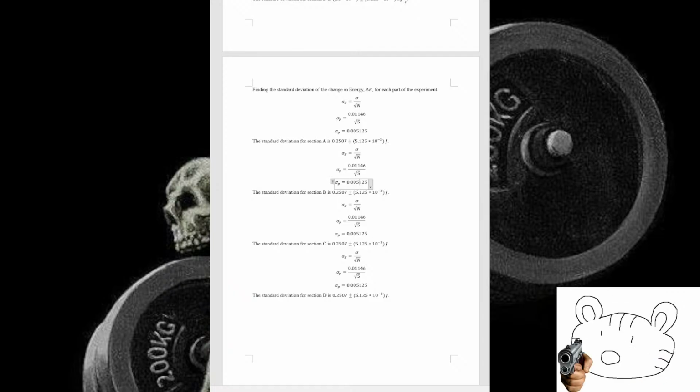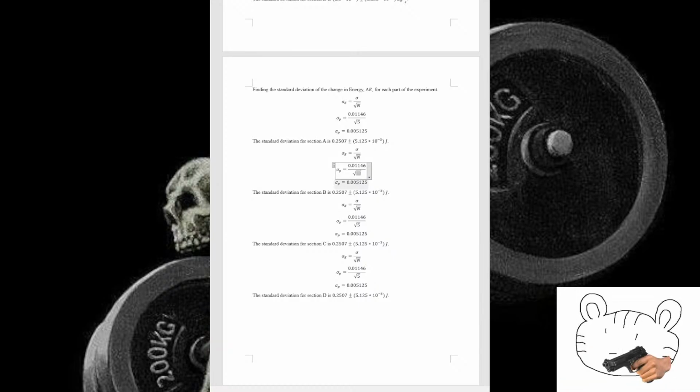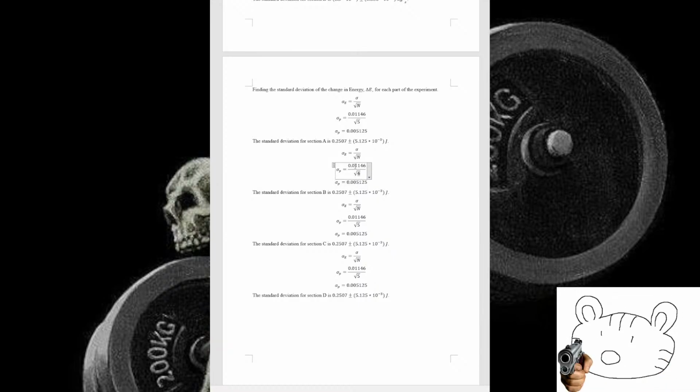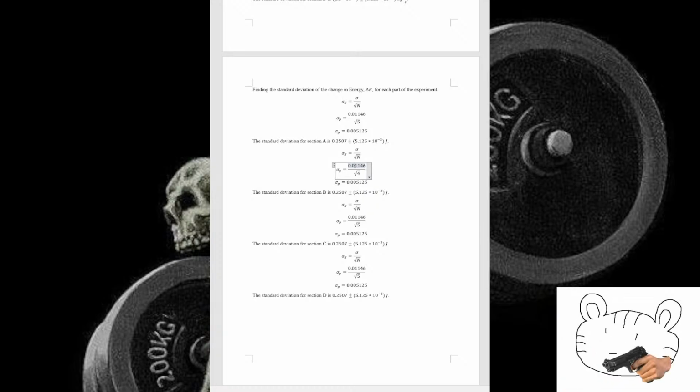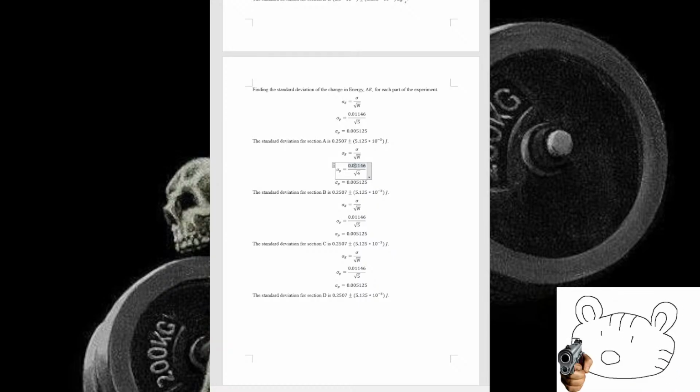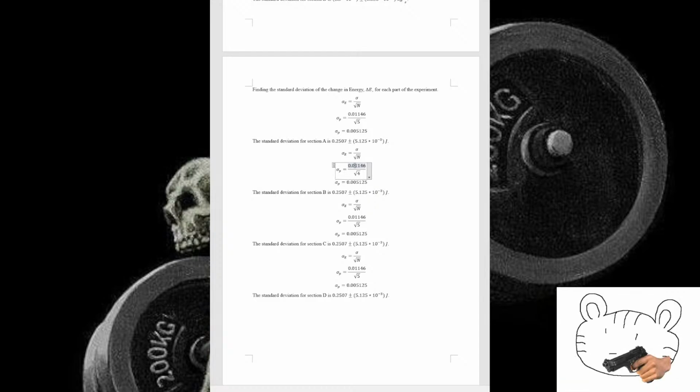So this one is 4 instead of 5. We're rocking, Jesus Christ, extremely small standard deviation of 0.0006941. 3 zeros.